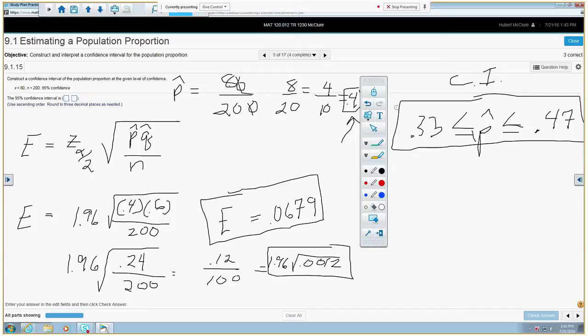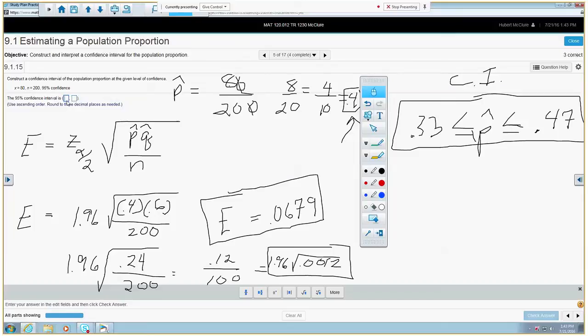Okay. So here it says round to 3 decimal places. Somebody tell me what the lower bound is going to be, because I just got 0.33. What does it come out to be? 0.332. And what's the upper bound? 0.468.